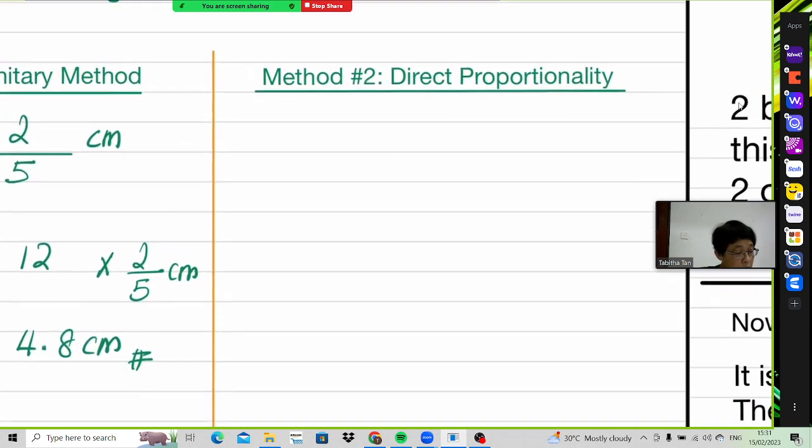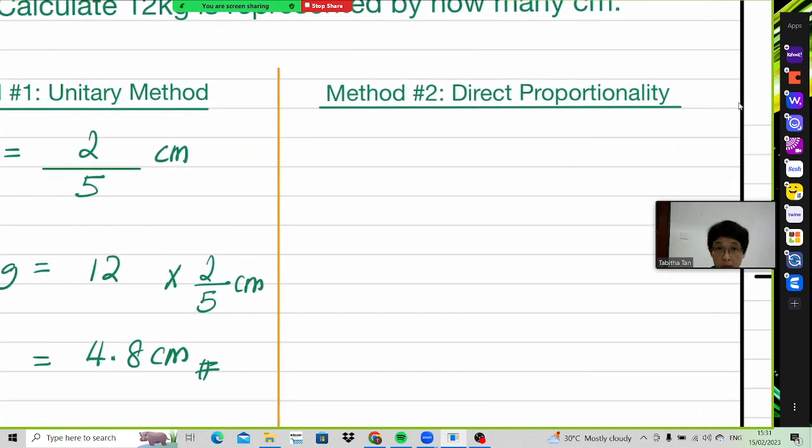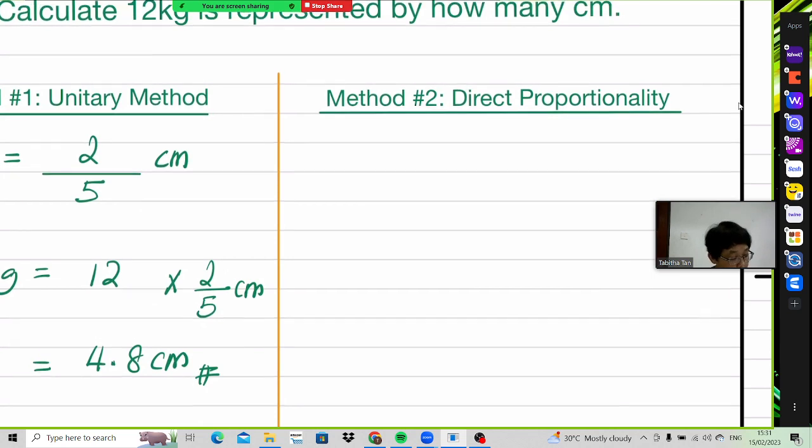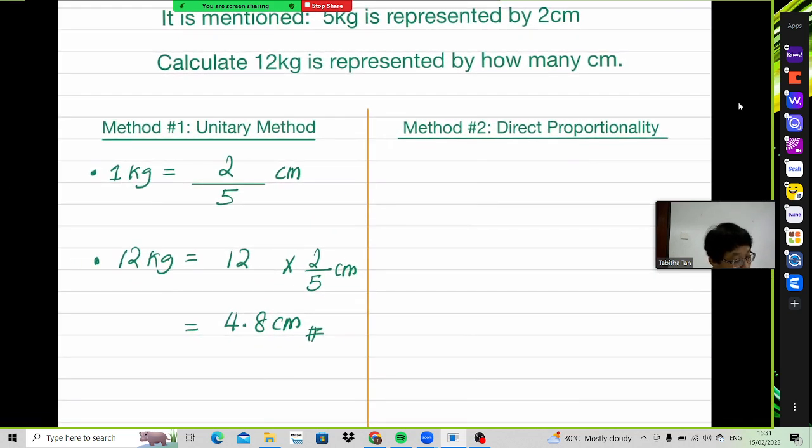If you wanted to use the direct proportionality method, it's absolutely okay. In this method, you just take 5 kg as represented by 2 centimeters. Now you require to find out 12 kg represented by how many centimeters. Let's just put an X there.